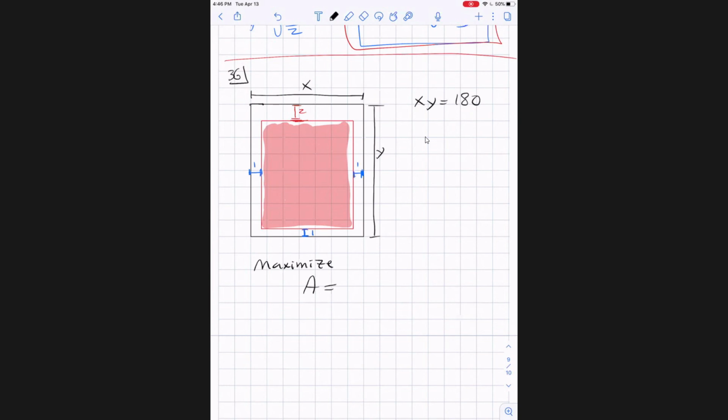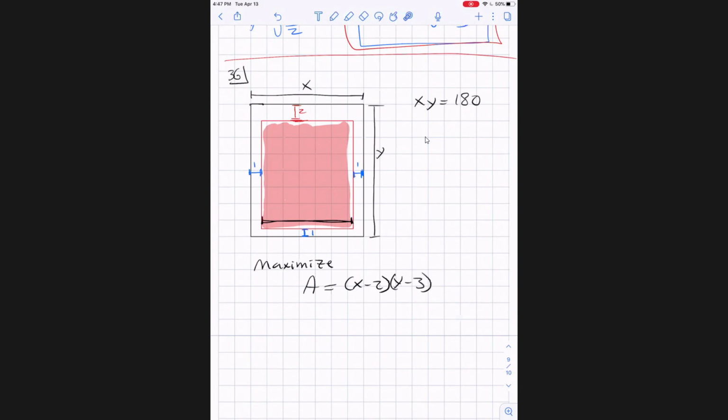What is A equal to? Well, the width times the length. What's this distance right here? That's going to be X minus 2, right? Because there's 1 inch on this side that you're getting rid of and 1 inch on this side. So it's X minus 2. What's the height? Y minus 3.